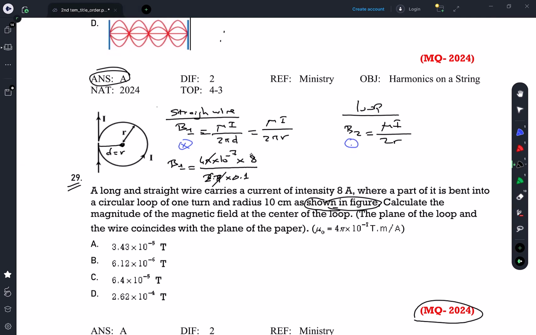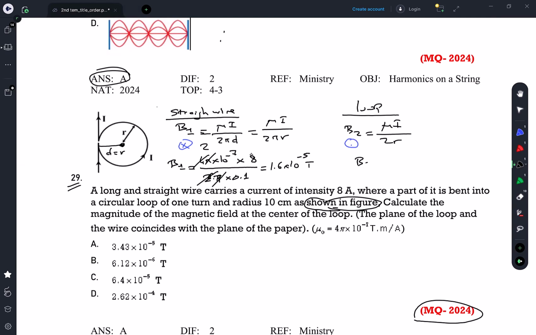The pi will simplify, and 2 and 4 will simplify to 2. So 2 times 10 to the power of negative 7 times 8 divided by 0.1 is 1.6 times 10 to the power of negative 5 Tesla.